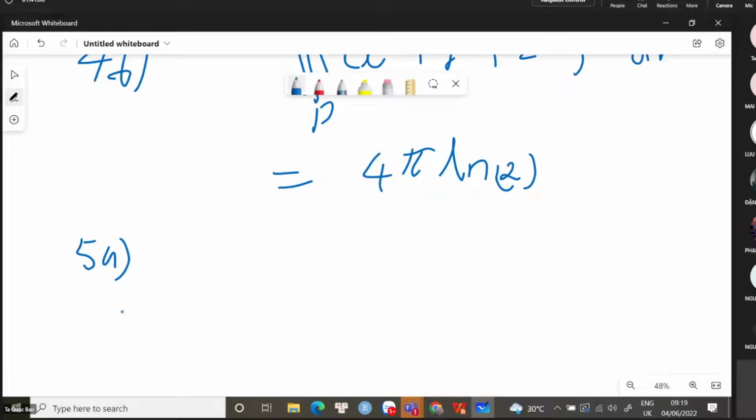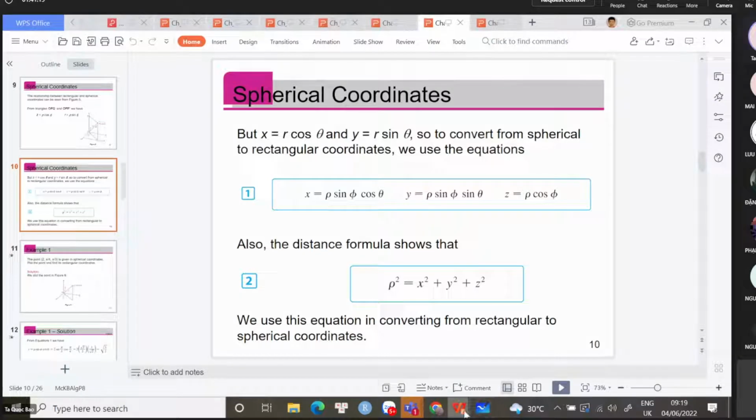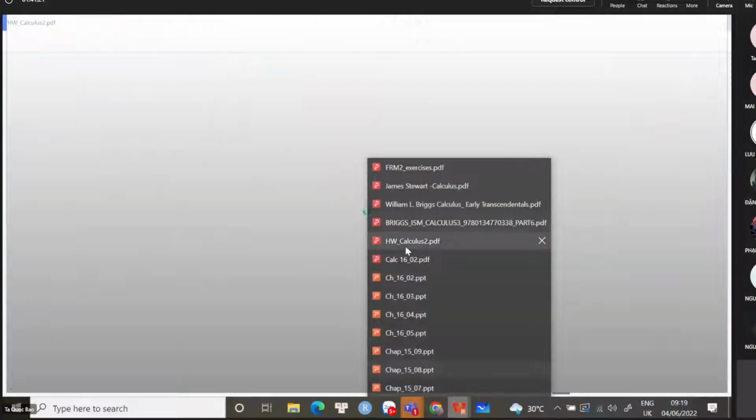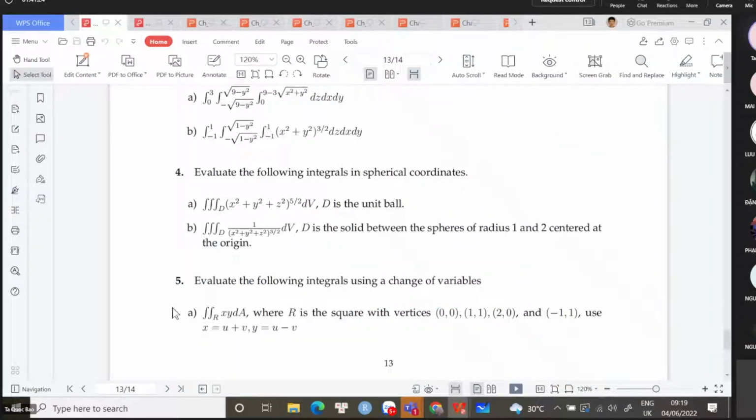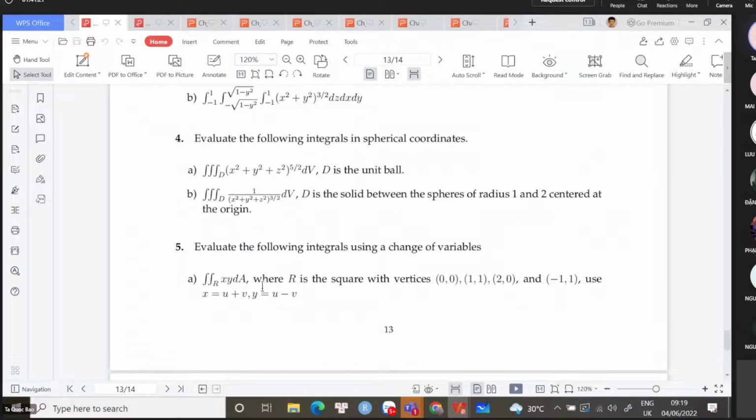Number 5. So we change the region by changing variables. The first question: we calculate this integration. Here R is a square with these vertices, and now we use the change of variables x equal to u plus v and y equal to u minus v.